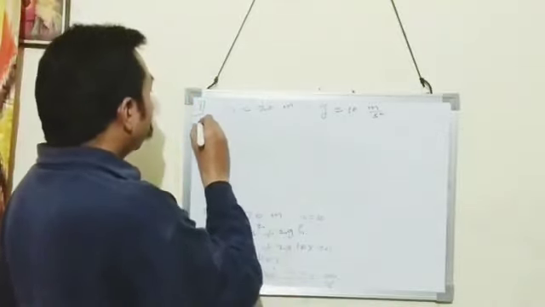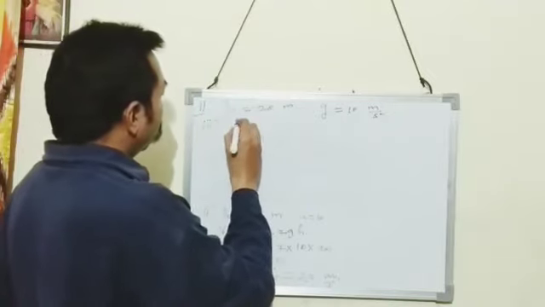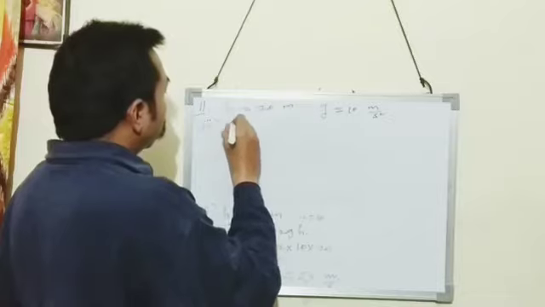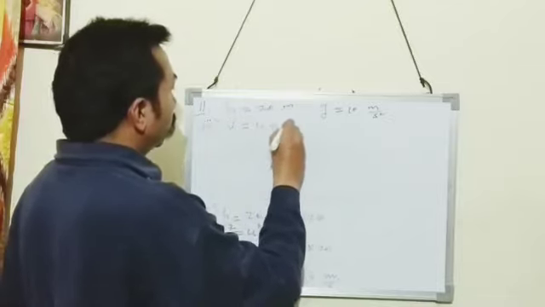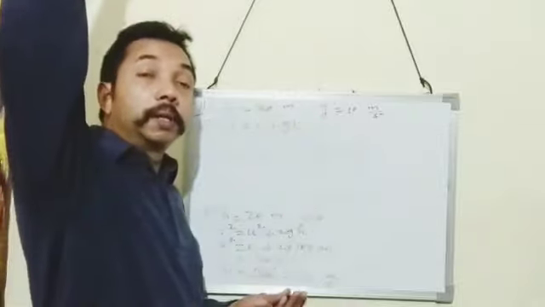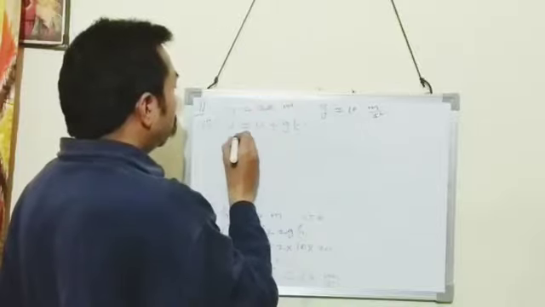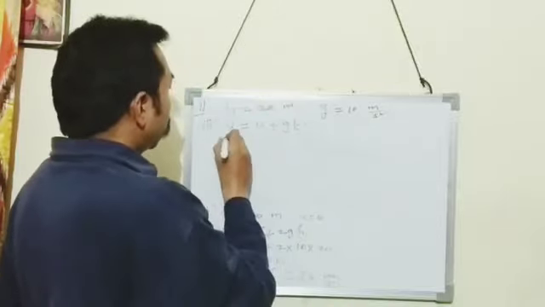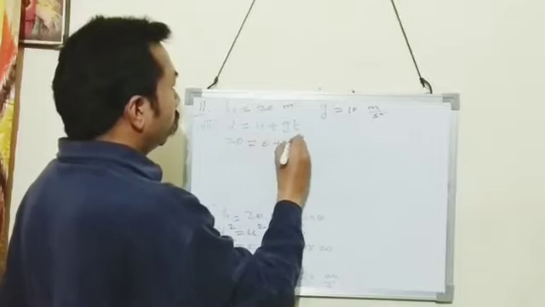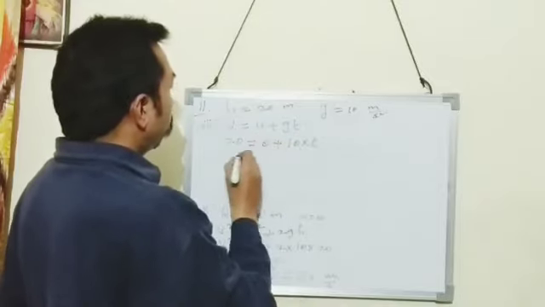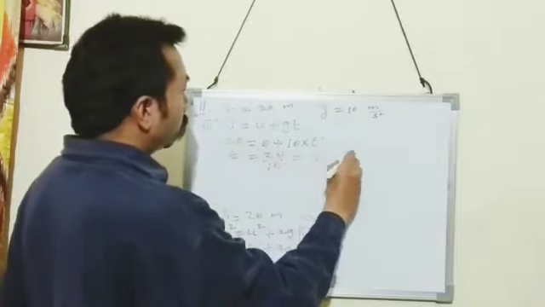So we use the formula v is equal to u plus gt. When it is coming from the maximum height, u is 0. So v is 20 and u is 0, plus g is 10, into t. So t will be 20 by 10, which is equal to 2 seconds.